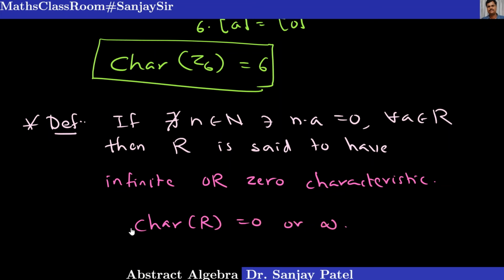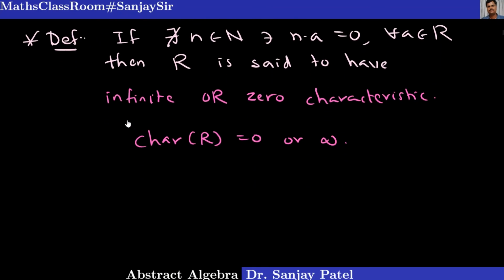Okay. Now, immediately some question can arise: in which ring does this kind of thing happen? It is very simple, and that ring is nothing but our famous ring of integers.